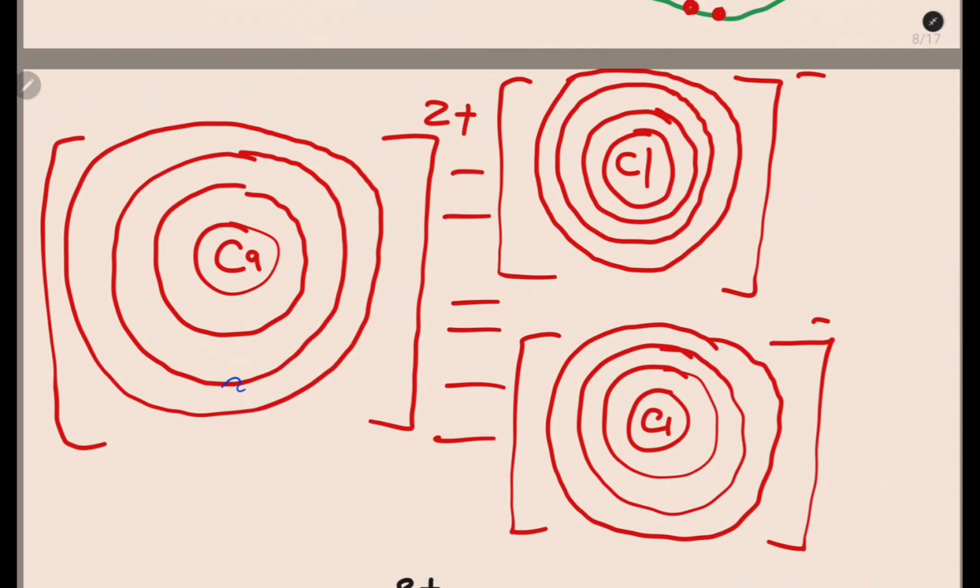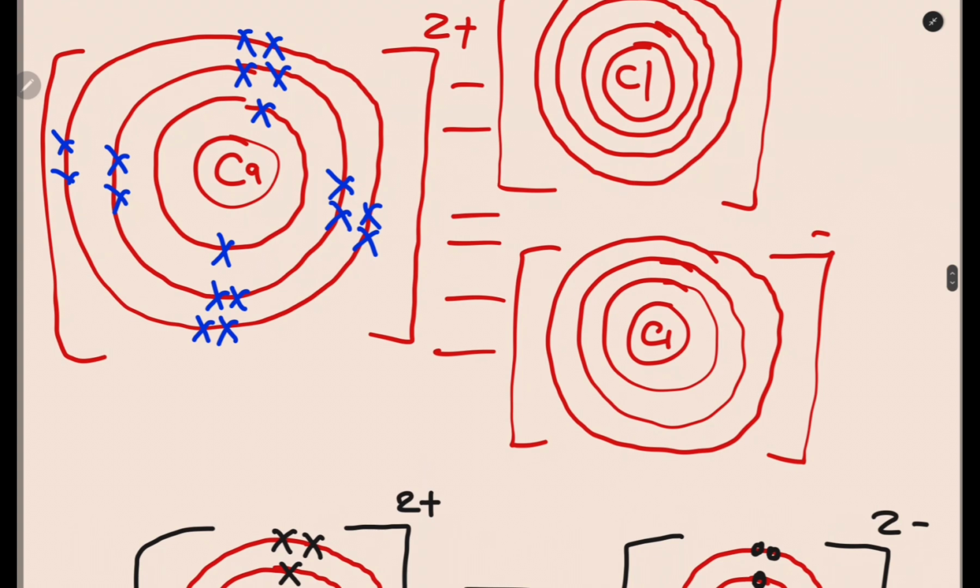So this one, the outermost shell has 8. Also here 8, 8, 8, 8. Then here just 1. Then here 8. Oh, I shouldn't use this. You should use a different one. Okay, something like this.